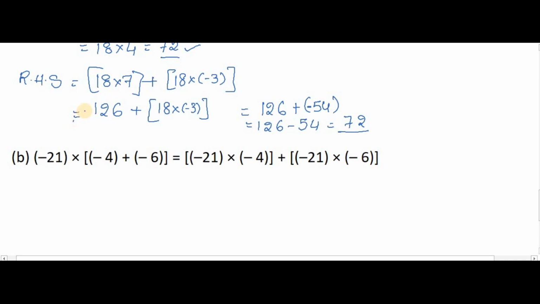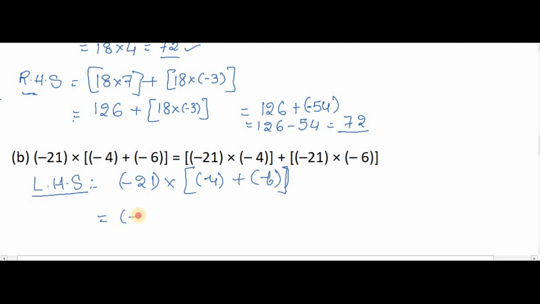Here what is the LHS? Minus 21 into square bracket open minus 4 plus of minus 6.